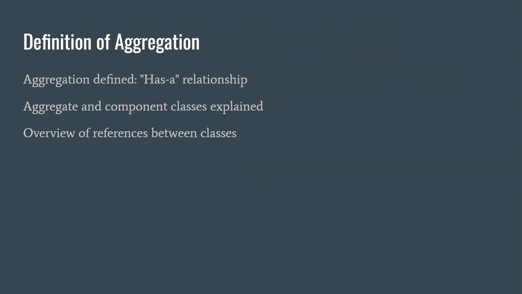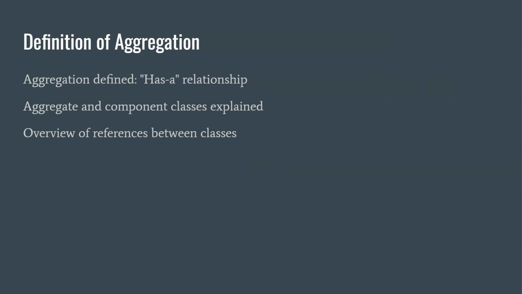Definition of aggregation. Aggregation is a term used to describe a scenario where one object, which we call the aggregate, contains one or more objects. They're also known as components.